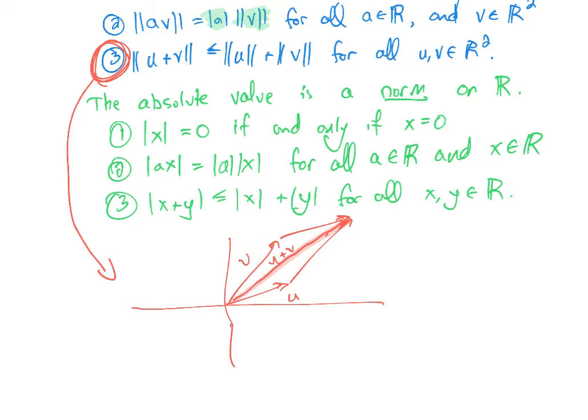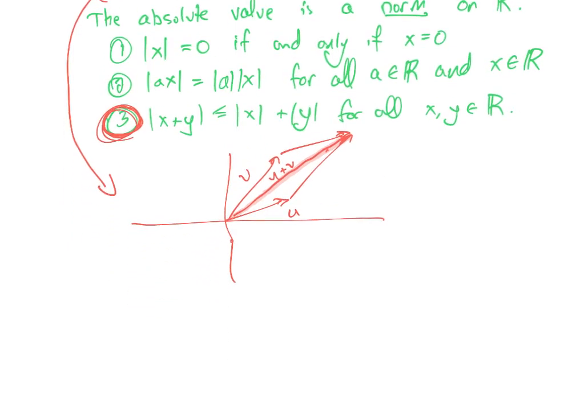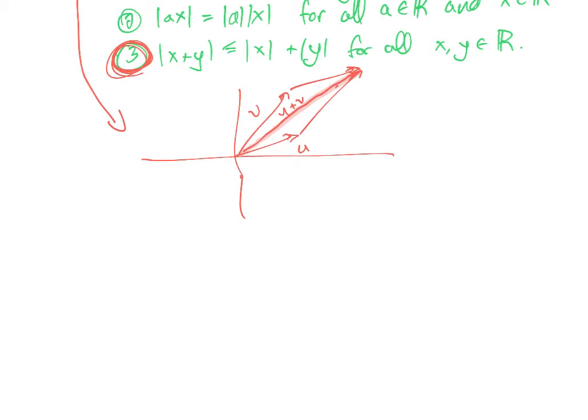What does it mean in this new context where we're talking about real numbers? Well, our picture of the triangle inequality is a pretty degenerate triangle, right? So let me draw that down here. We'd be on the real number line. We'd have 0.